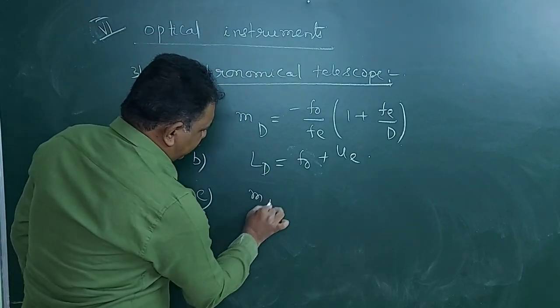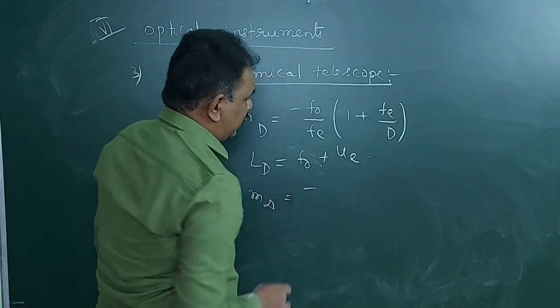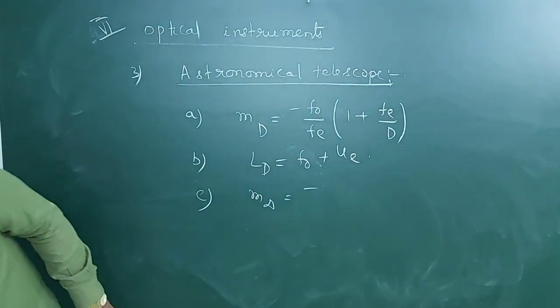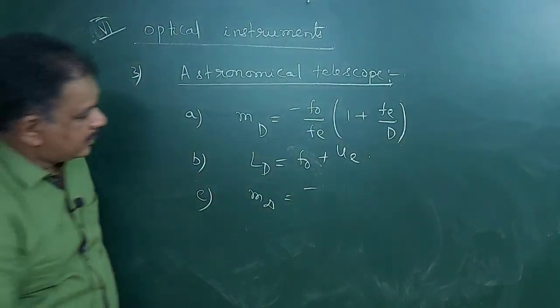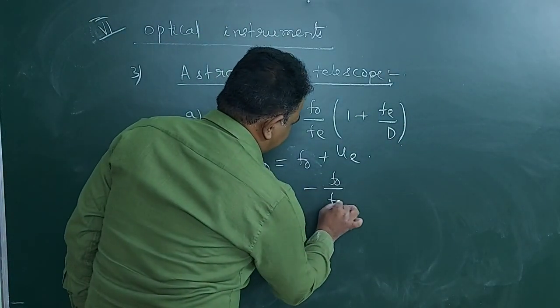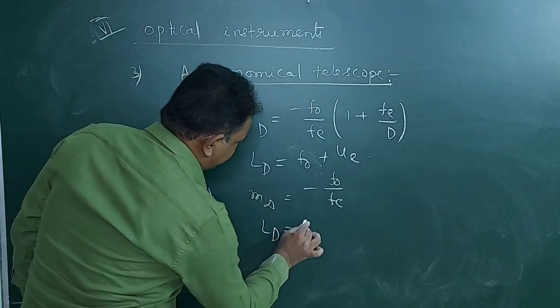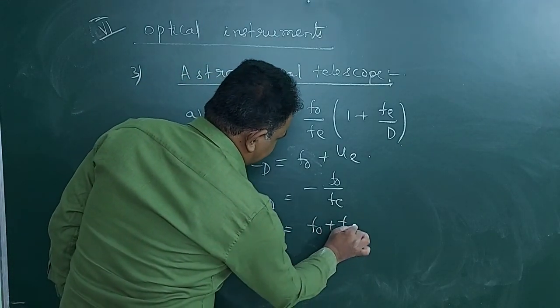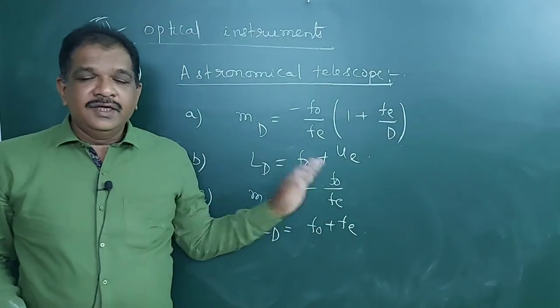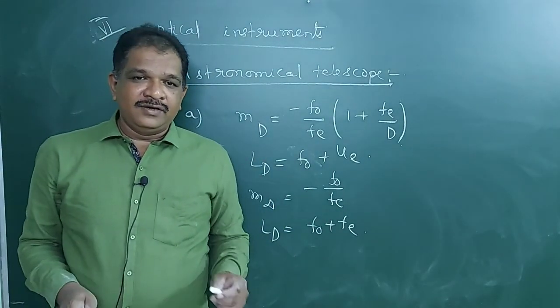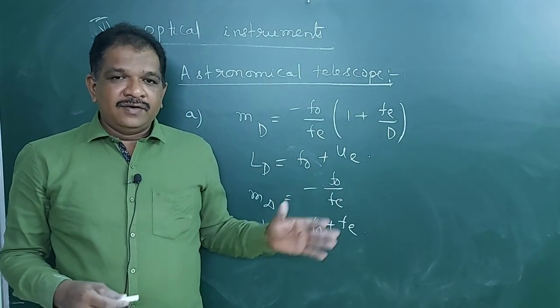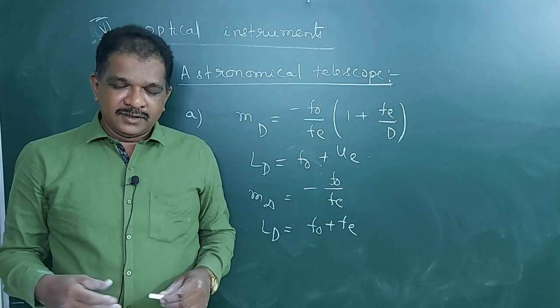Next, M infinity means image is formed at far point. This is minus FO by FE. Length of the telescope is FO plus FE. These formulas are enough relating to this chapter.